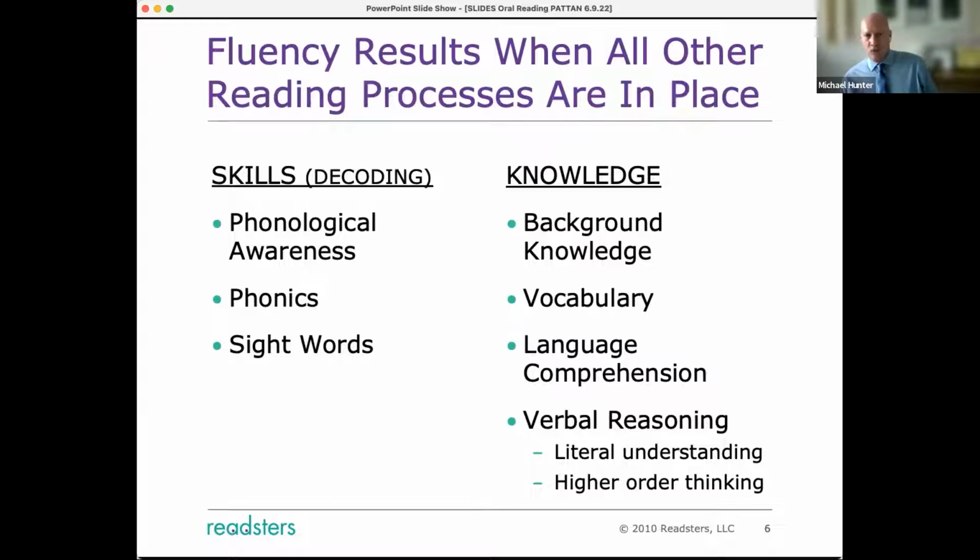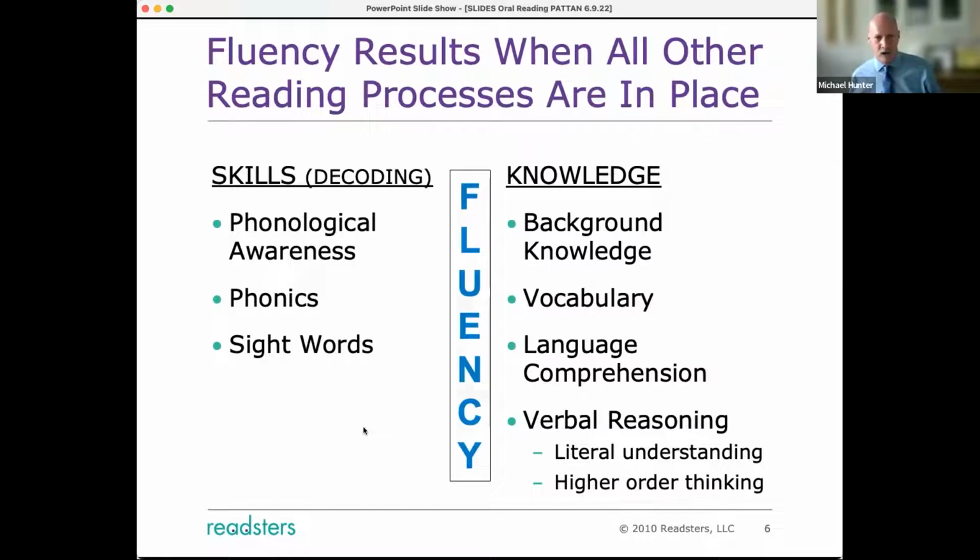Fluency results when all of those many components that go into making a proficient reader are working well, each individually working accurately and automatically, and then also working with each other accurately and automatically. So fluency is the result of all of these other important and critical skills that go into reading, working well together and working well individually.